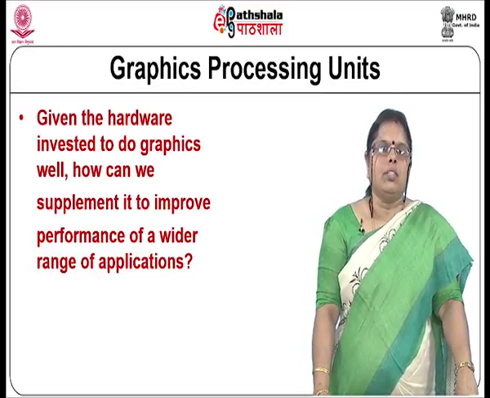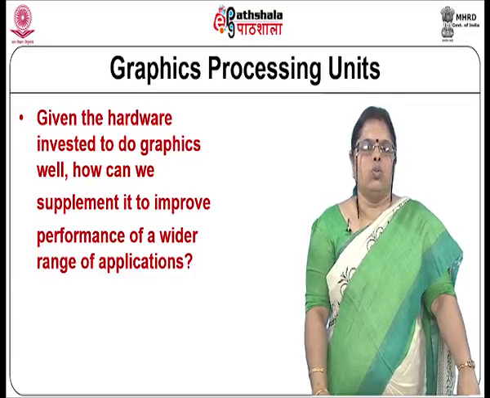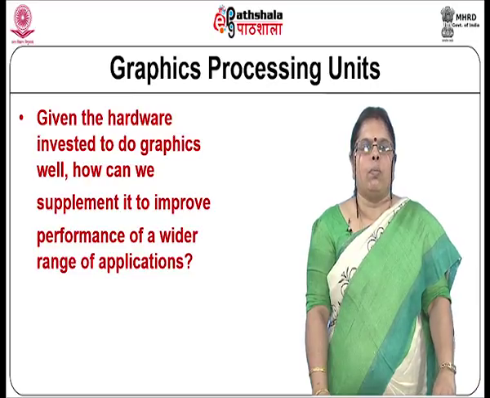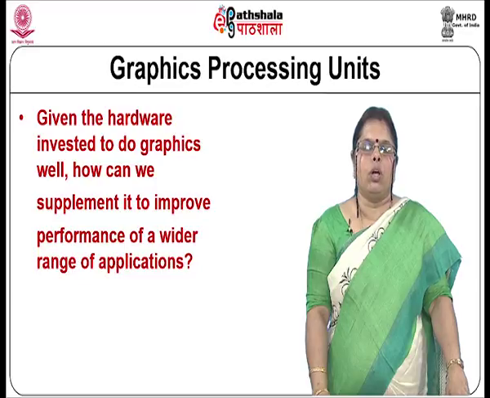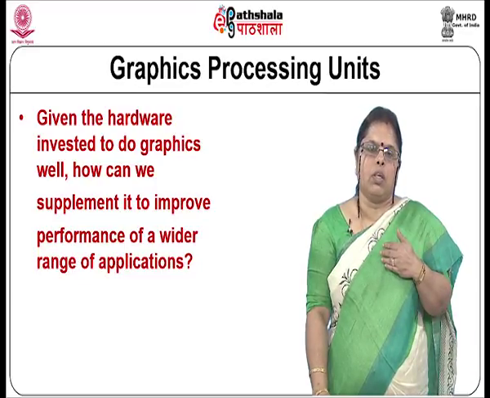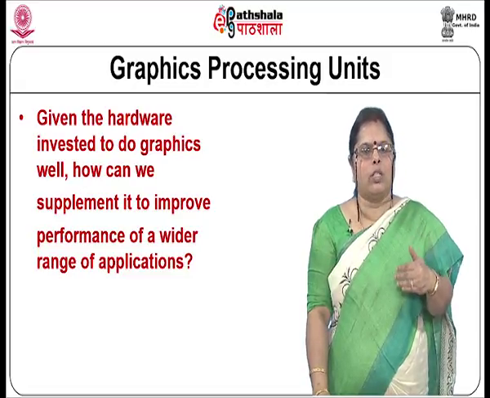So the third case that we are looking at is GPUs, graphics processing units. As you all know, GPUs are well known for operating on graphics related instructions, which are basically going to work on small types of data. It exhibits a lot of data level parallelism, and GPUs basically try to exploit this.